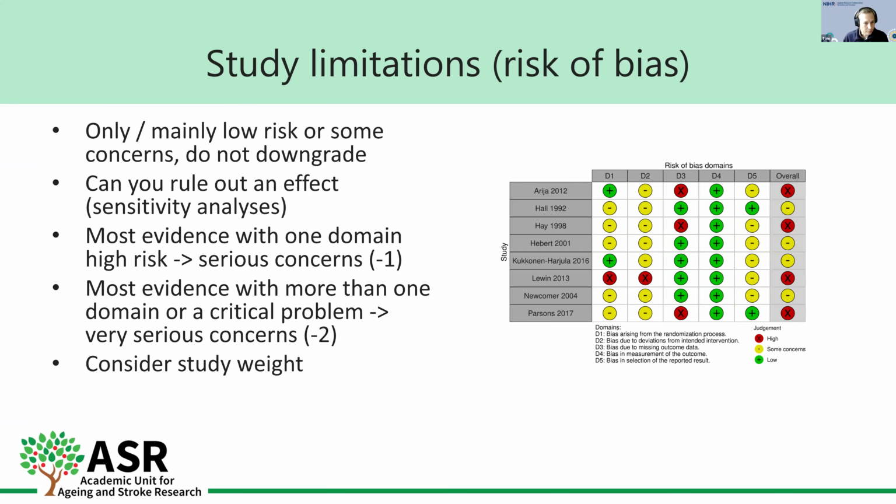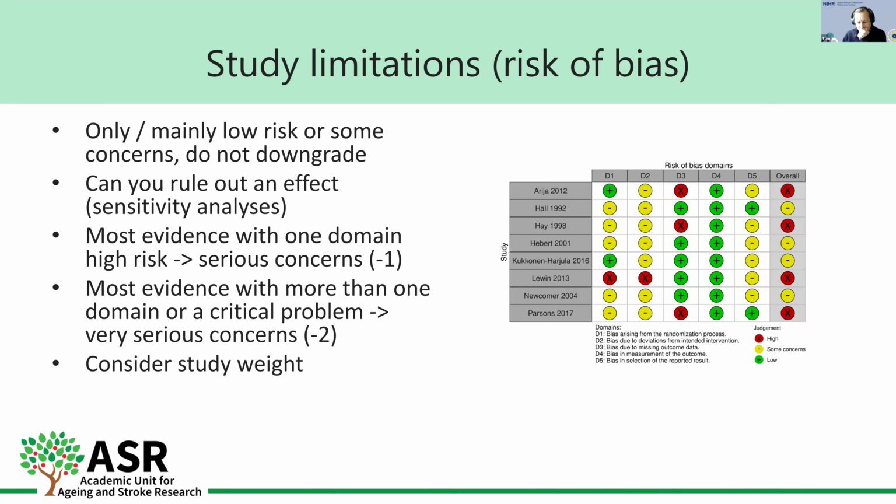If we find that most of the evidence within one domain is high risk, as in here or here or here, then we would have serious concerns. And if most of the evidence in more than one domain is high risk, or if there's a critical problem in one domain, then we would have very serious concerns.